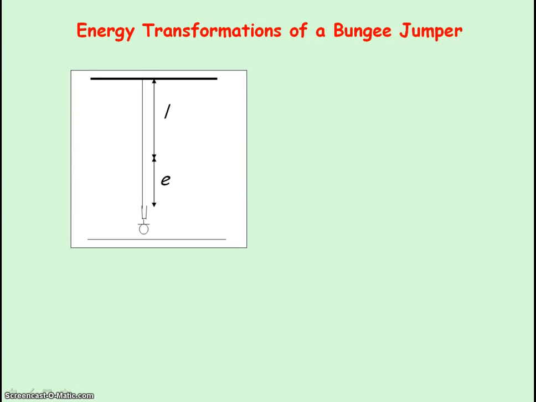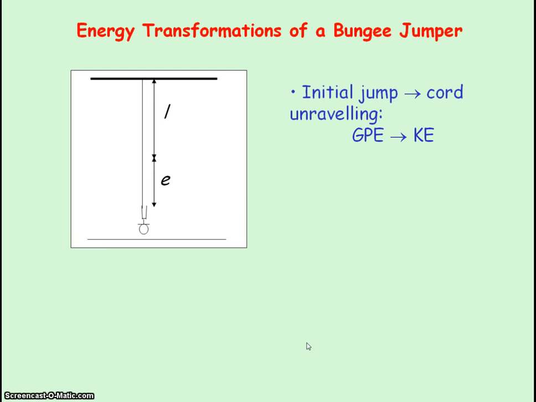Now look at the energy transformations for a bungee jumper. From the initial jump to the cord unravelling, gravitational potential energy is converting into kinetic energy. As the cord is unravelling, it's not being stretched, so there's no elastic potential energy.